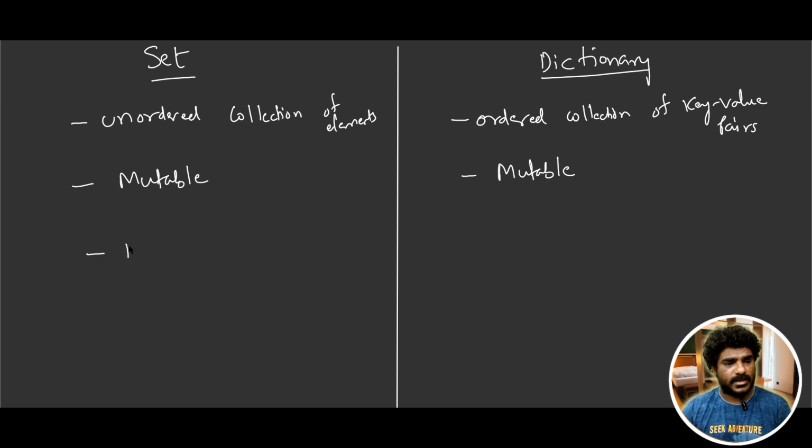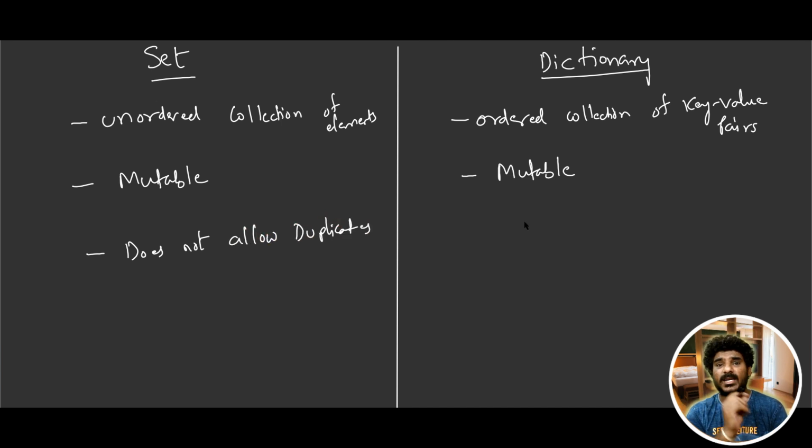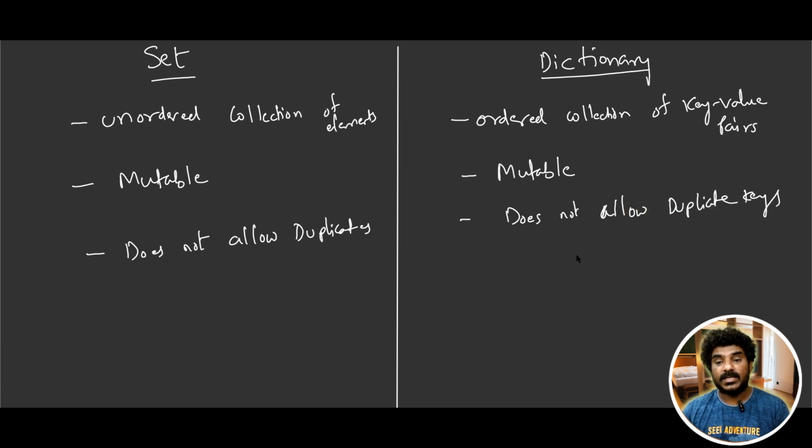Third key point is it does not allow duplicates. It means that your set cannot have duplicate elements. In case of dictionary, it does not allow duplicate keys. We know that dictionaries are basically keys and values, right?